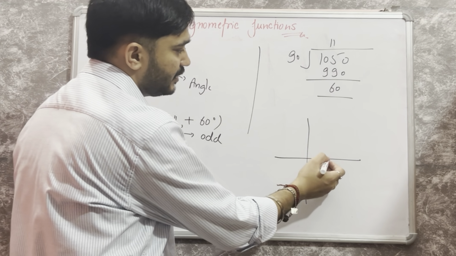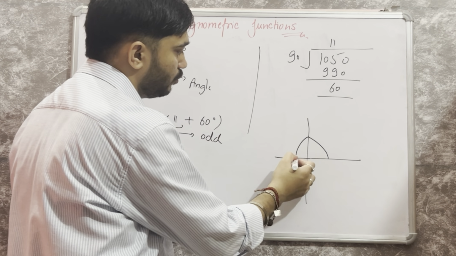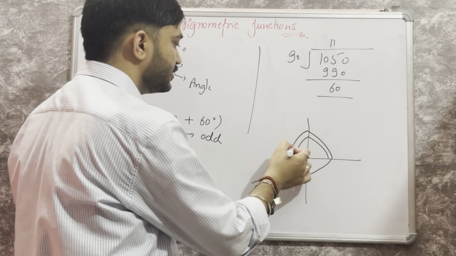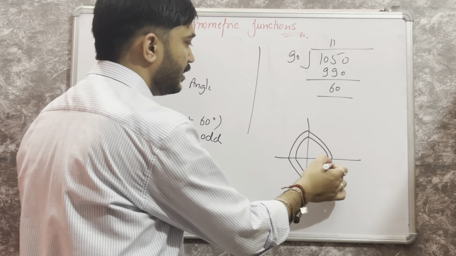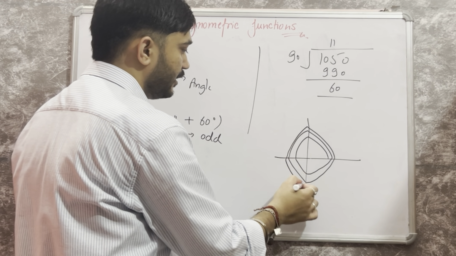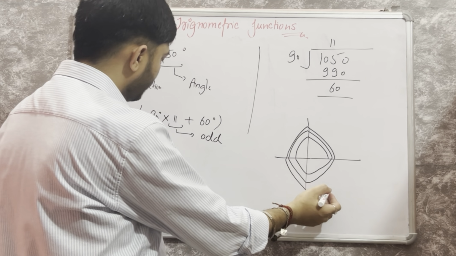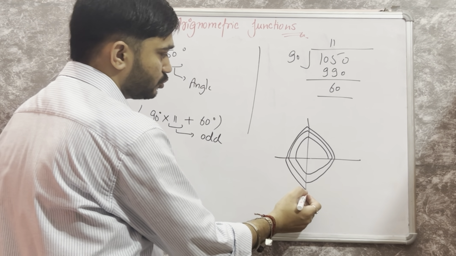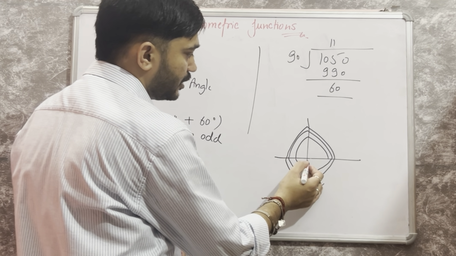Represent 11 90s, that is 190, 290, 390, 490, 590, 690, 790, 890, 990, 1090, 1190, and here plus 60, so we are going to add plus 60 here.